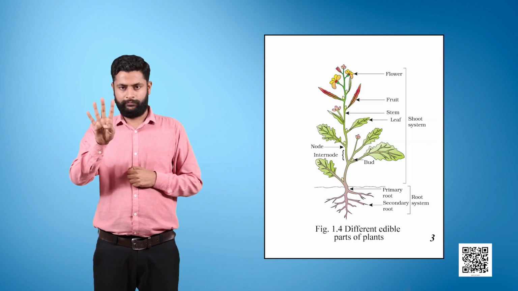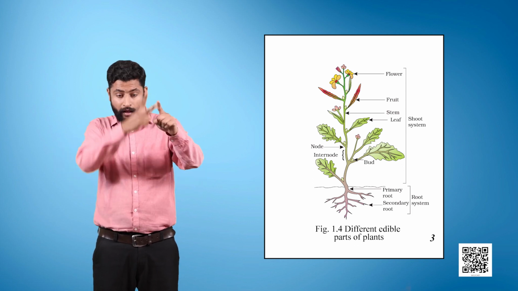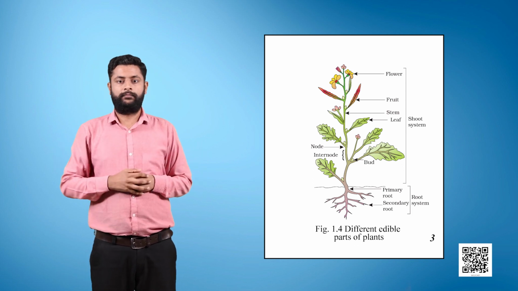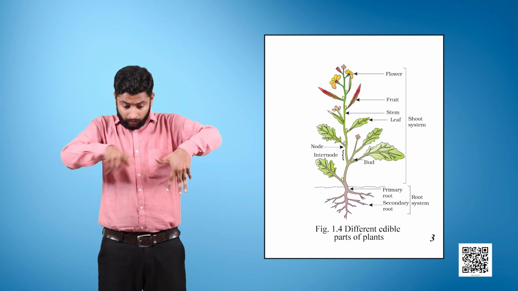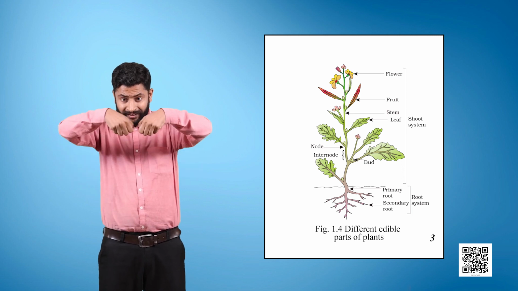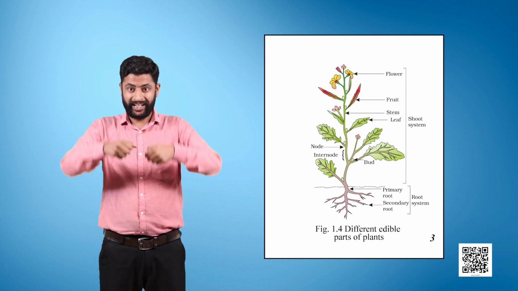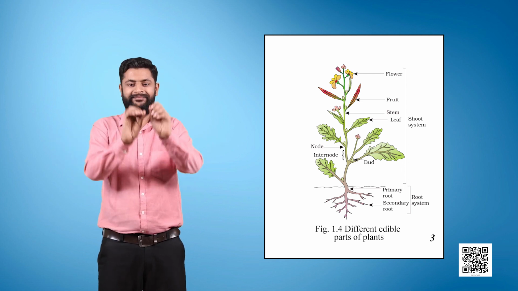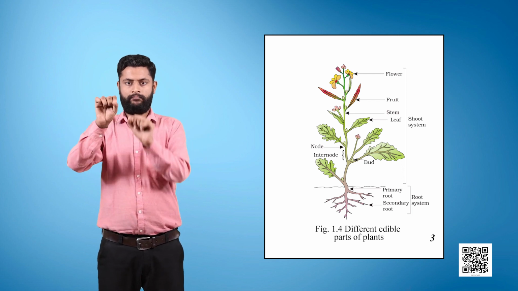Figure 1.4 shows different edible parts of plants. It is divided into 2 broad categories: root system and shoot system. Root system is subdivided as primary root and secondary root.